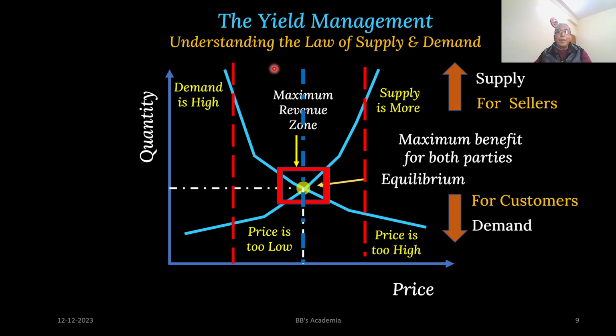It can be anywhere on this line, but close to this zone, that means you are going to maximize your revenue. You can be here, you can be here, you can be in any other areas at this point. But once you are very close to this point within this particular zone, that means you are maximizing your revenue.